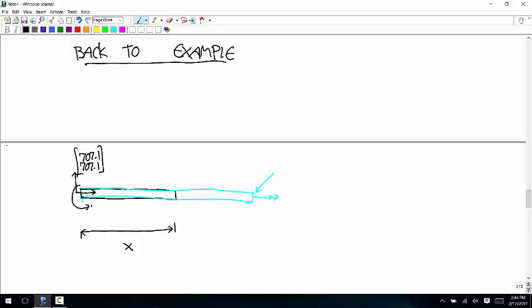The Z couple at the wall, 707.1. And the torque at the wall of negative 500. And then the internal loads, T, V, M, and torque. And so now we're going to calculate those internal loads based on this arbitrary distance x.